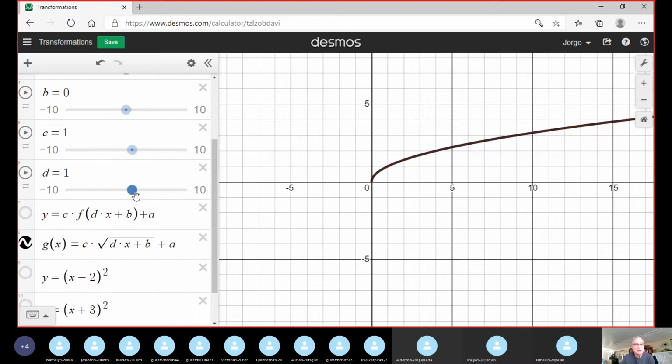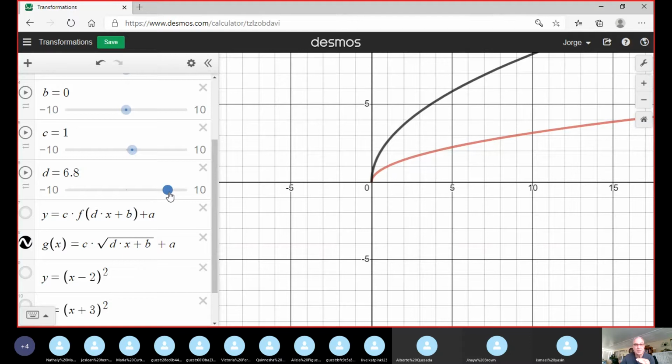When I change d, for example d greater than 1, look at the effect. This is a little bit confusing, I understand that. But if you analyze one point to compare the position, you see in this case the curve is moving to the left. That is because we have a horizontal compress.